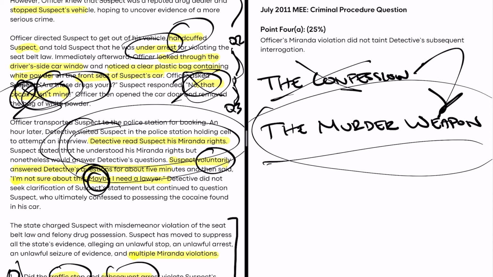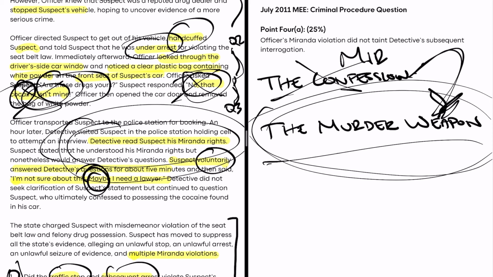So evidence derivative of the Miranda violation, like the murder weapon, is still admissible because the fruit of the poisonous tree doctrine does not apply to Miranda violations. So again, the murder weapon is not tainted. It is admissible, right? That would be like a Miranda violation when the confession is obtained in violation of Miranda.